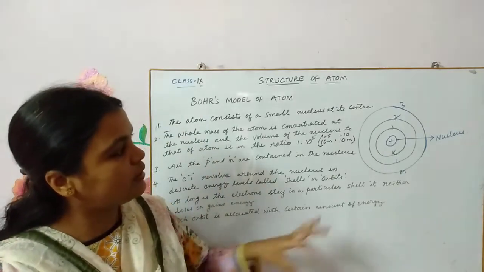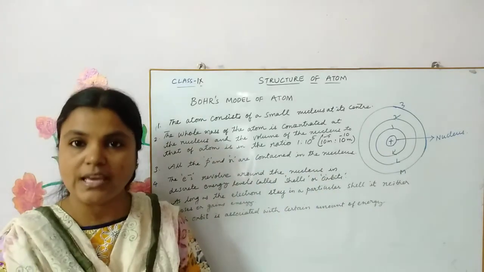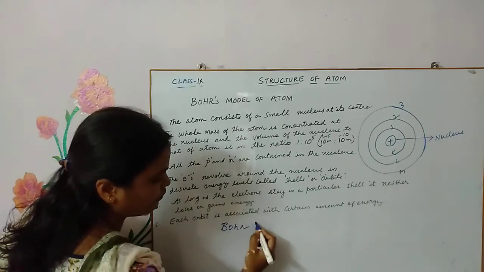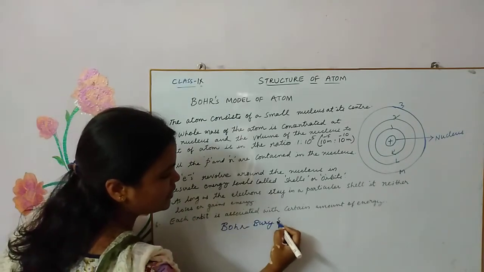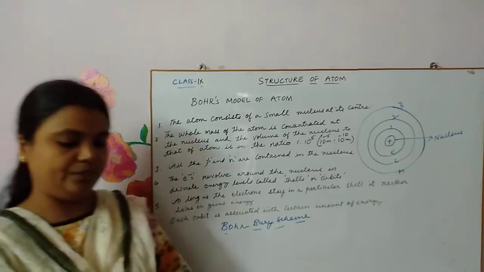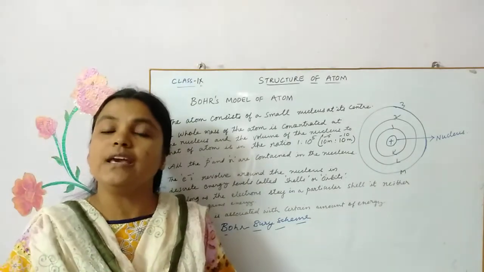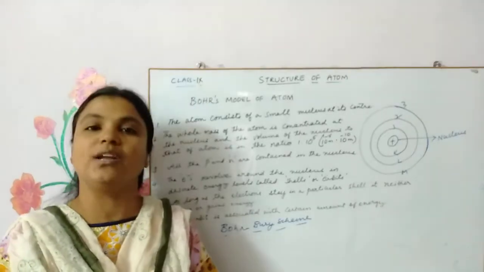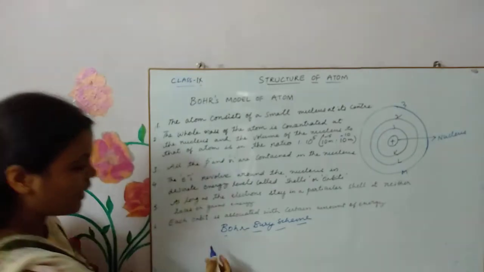So this was about Bohr's atomic theory, and there is a scheme called the Bohr-Bury scheme. This can be asked in the examination, children. What is the Bohr-Bury scheme? It gives you an idea of the arrangement of electrons in a particular orbit.